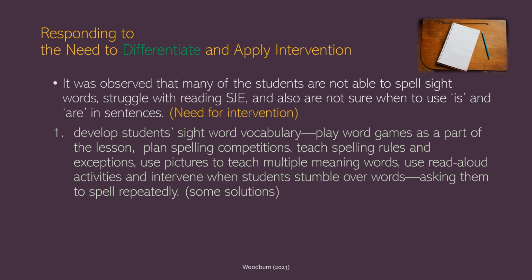For example, develop students' sight word vocabulary, play word games as part of the lesson, plan spelling competitions, teach spelling rules and exceptions, use pictures to teach multiple meaning words, use read aloud activities, and intervene when students stumble over words. Asking them to spell repeatedly are some of the solutions.